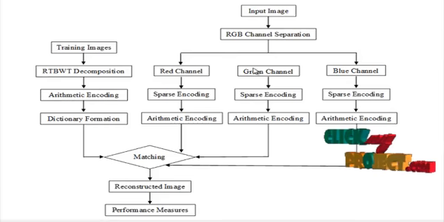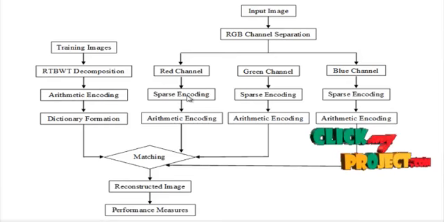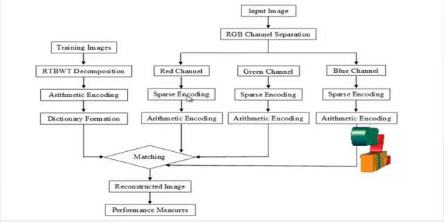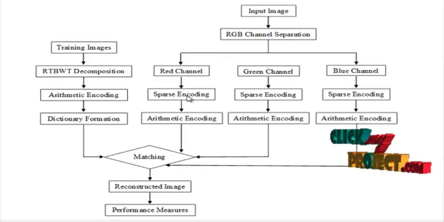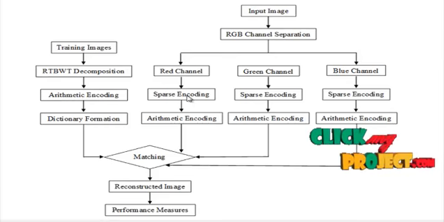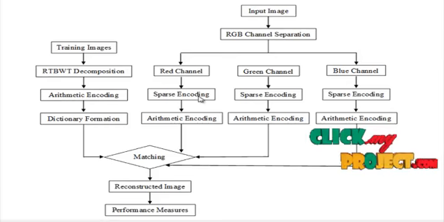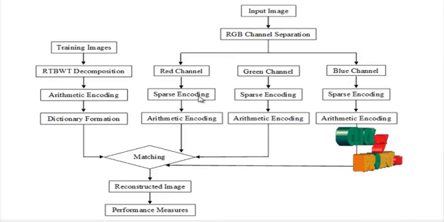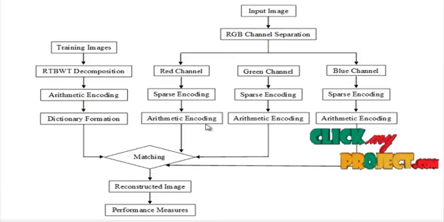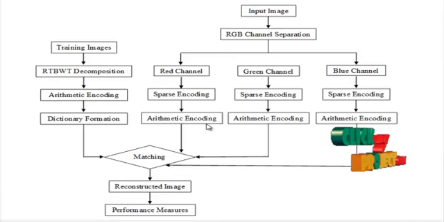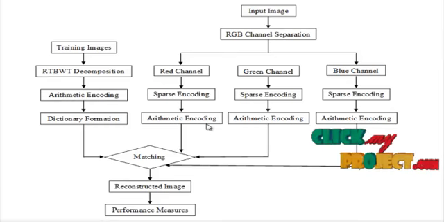After the channel separation in the sparse encoding, the zero elements or null elements present in the channels were eliminated. After that, the sparse encoding is converted into an encoded format of the input image, based on arithmetic encoding processes.